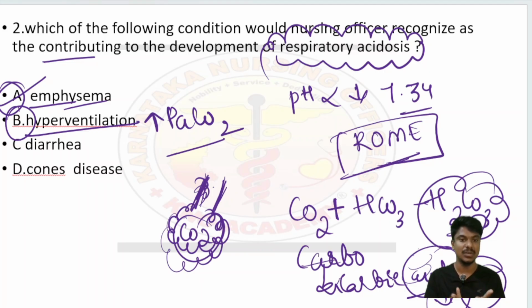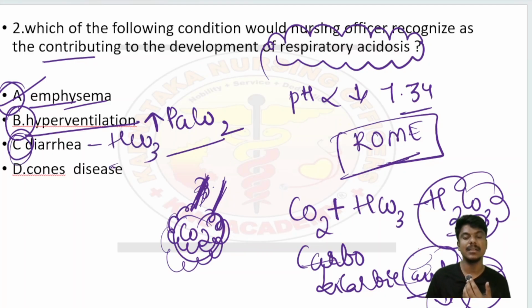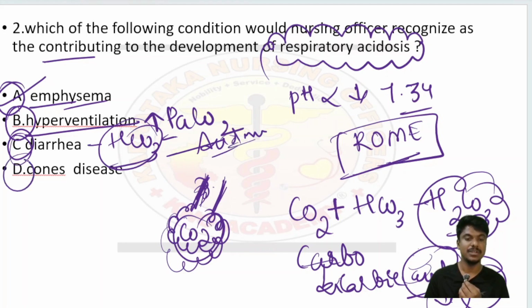And diarrhea is not at all related to a respiratory condition. In diarrhea, we lose bicarbonate, so it will cause metabolic acidosis. Option D, Conn's disease, is nothing but hyperaldosteronism.